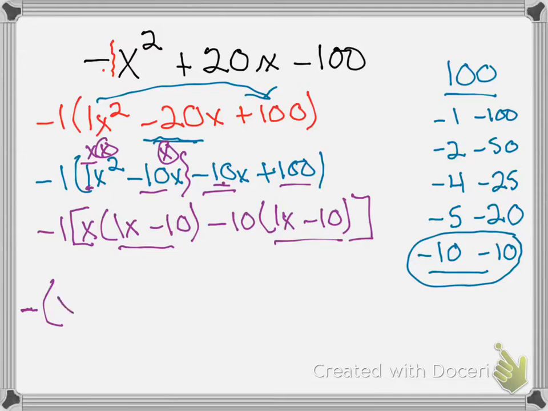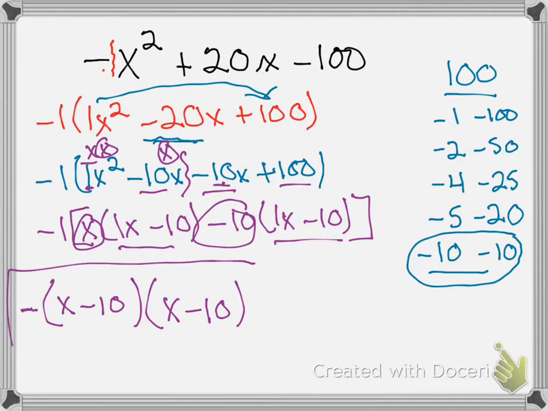So we're going to bring down one of the x minus 10s in the parentheses, but then the two pieces that are inside the brackets but not in parentheses, we need to group those together as well, okay? So we'll have actually another x minus 10. So this would be your factored form of your original quadratic.